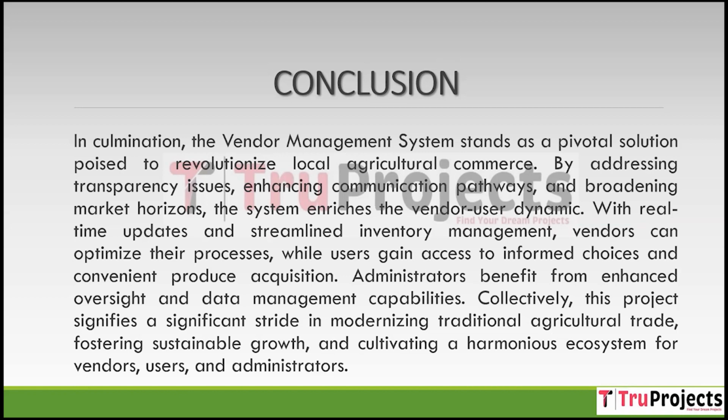Equipped with real-time updates and efficient inventory management, vendors can fine-tune operations, granting users access to informed decisions and convenient product procurement. Enhanced oversight and advanced data management empower administrators. Together, this project marks a substantial advancement in modernizing conventional agricultural trade, nurturing sustainable expansion and fostering a harmonized ecosystem that accommodates vendors, users and administrators alike.